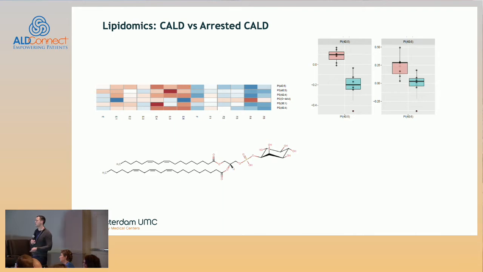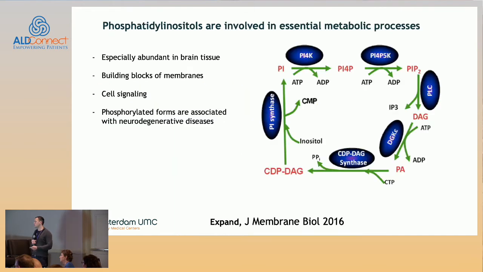There's actually a whole panel of these phosphatidyl inositols, and these inositols are interesting because they are involved in many essential metabolic processes, including building blocks of membranes, but also things like cell signaling. And what's interesting is that these inositols are especially abundant in brain tissue.